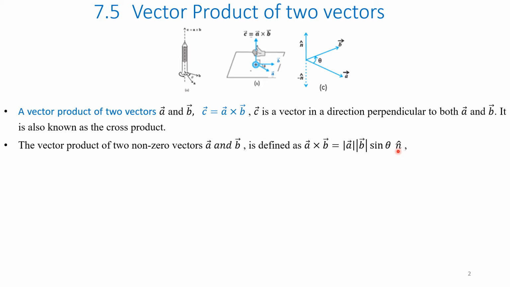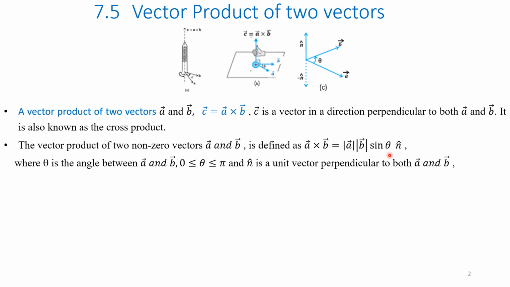Here A is a vector, B is a vector, and their cross product is A cross B, and theta is the angle between vector A and vector B, and n is a unit vector perpendicular or normal to the plane containing A and B. Theta lies between 0 and pi radians.